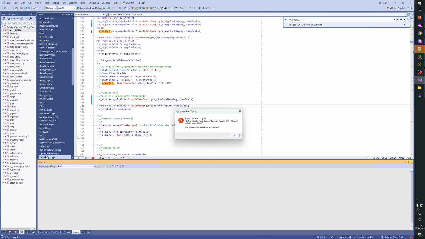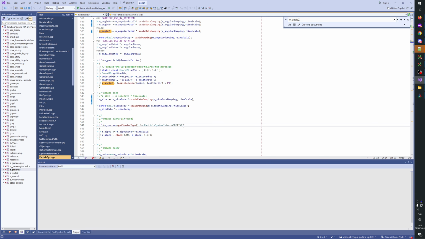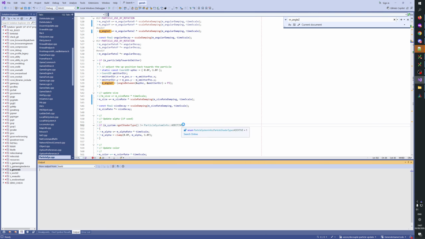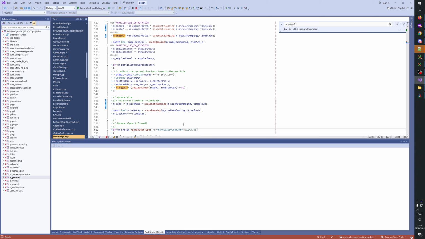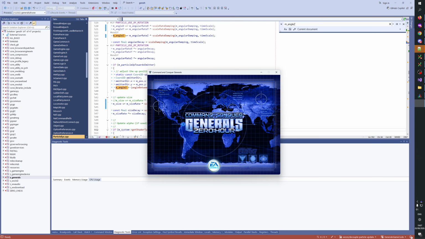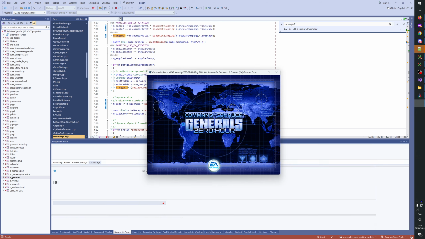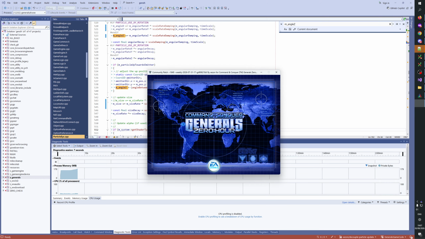And that didn't work. Okay, great. Let's try that again. So the question is whether the particles look correct now or not.